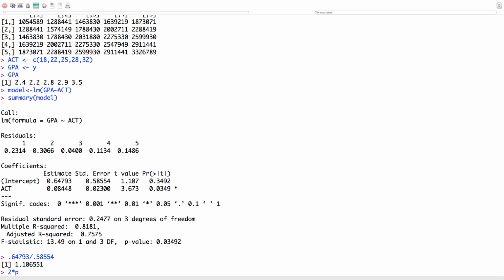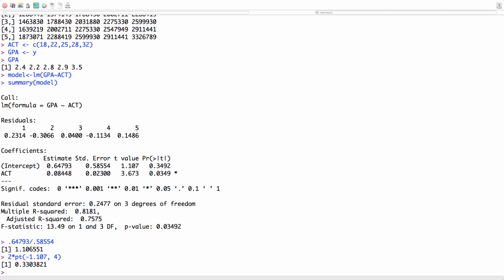And just as a reminder, we could find the p-value by taking 2 times pt, and with a t-value of 1.107, the easiest way is to go negative 1.107, comma our degrees of freedom, which would be equal to 4. So we get 0.03. Actually, I'm wrong about that. Hold on, let me think about this. So I'm sorry, we have to go 2 times pt negative 1.107 comma 3.